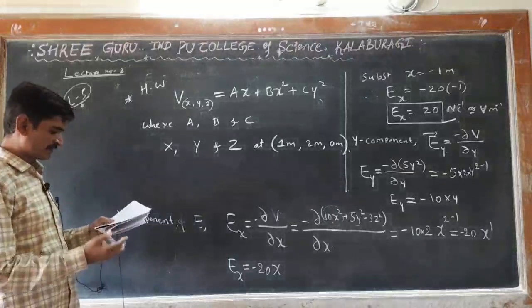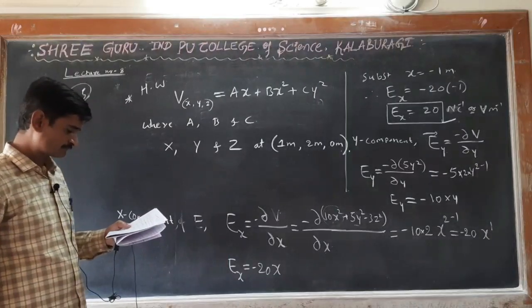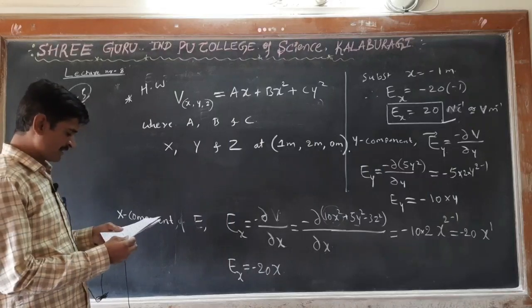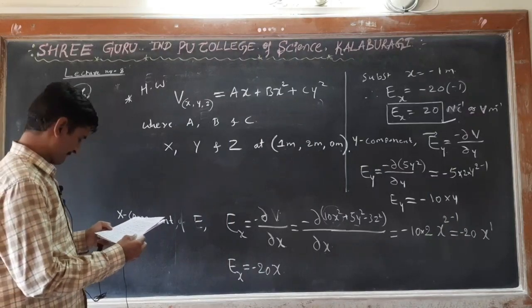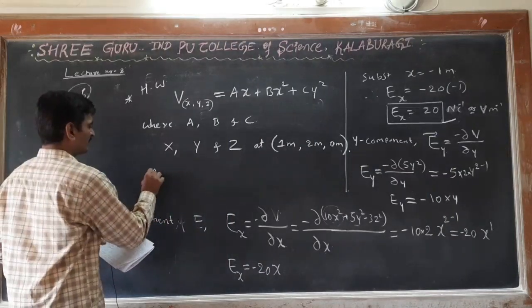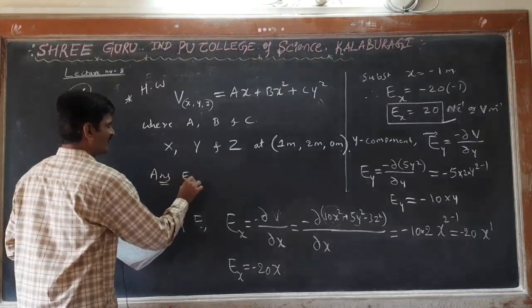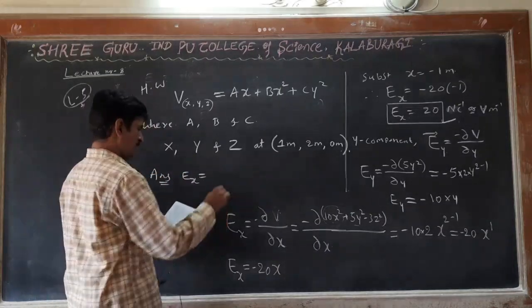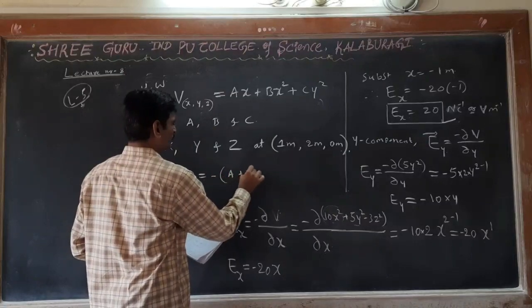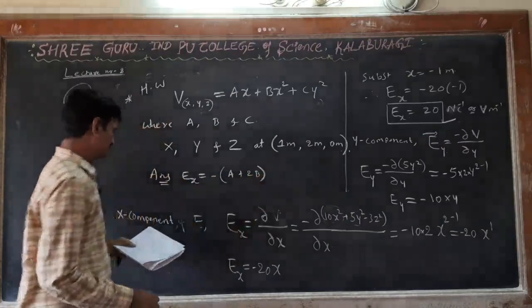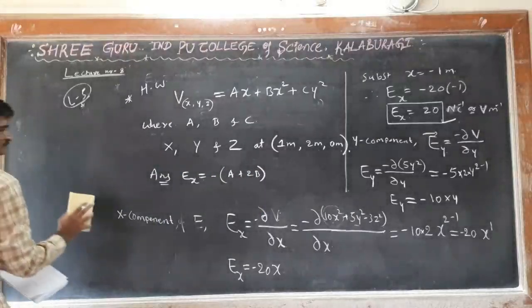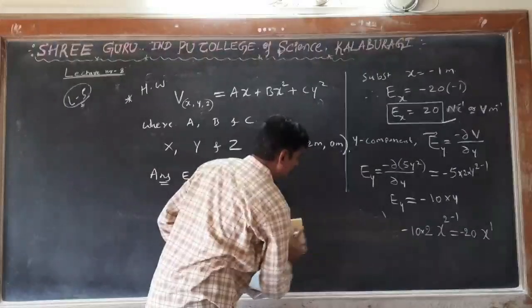I will give the answers. Ex is equal to minus A plus 2B.